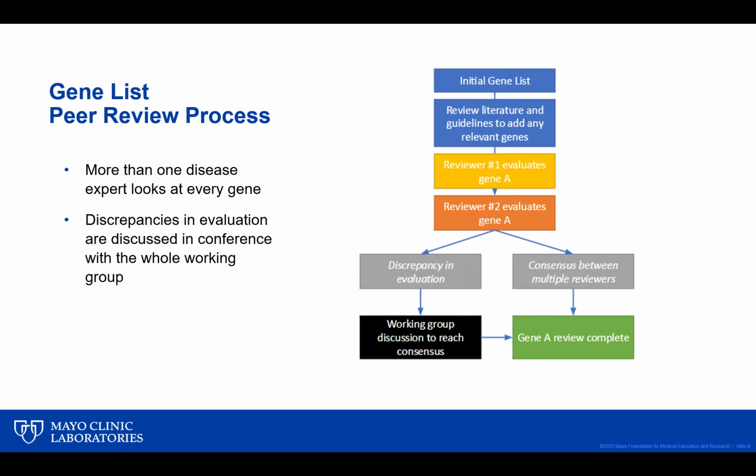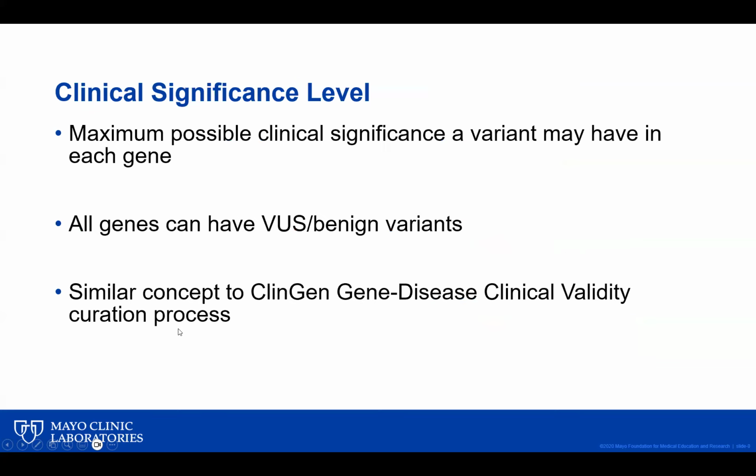They were able to move and work collaboratively very quickly. So it was really a cool process to be a part of. If the consensus was reached between multiple reviewers, then the gene review was complete, and we could move on with collecting the rest of the data.